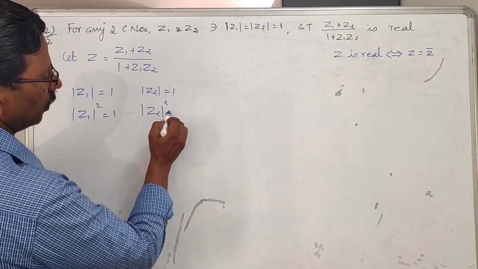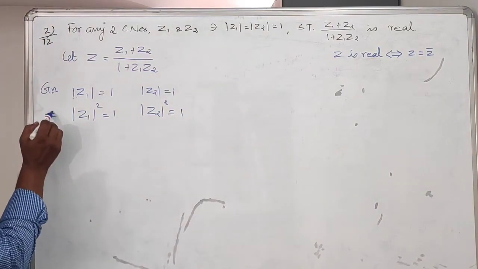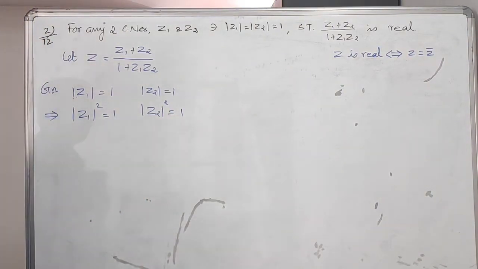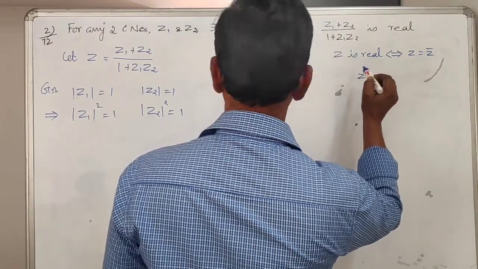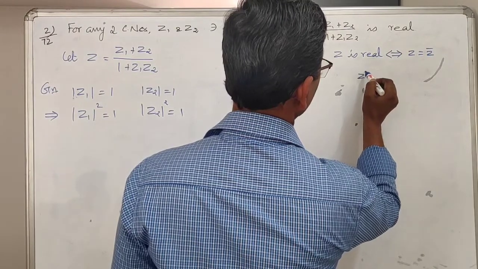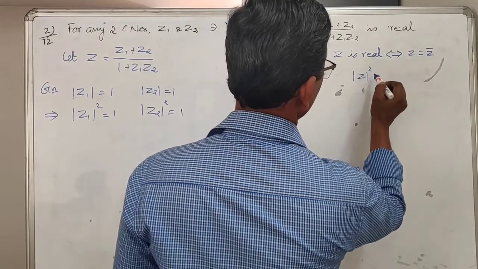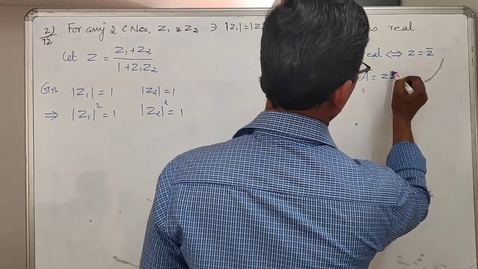Modulus Z2 square is also equal to 1. From this we can write. Now, we know very well that modulus Z square is equal to Z into Z bar.